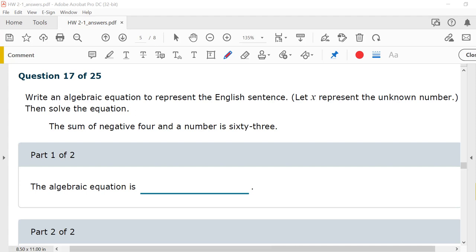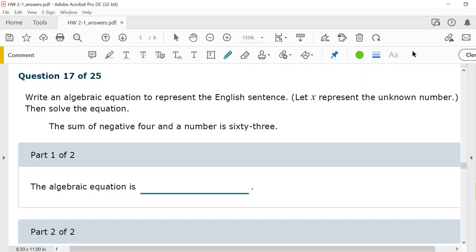Okay, we're going to add to our skill set. Number 17 says to write an algebraic equation to represent the English sentence. Let x represent the unknown number, and then solve the equation. So now we're going from words to math. And a few things I want to point out.